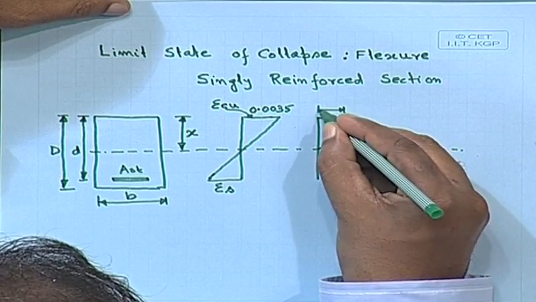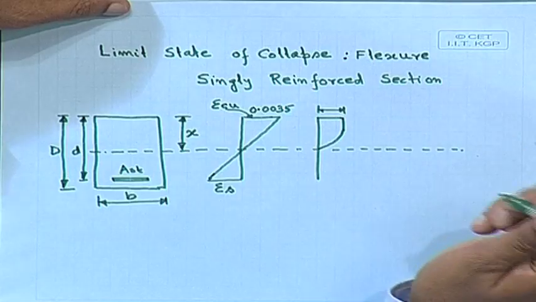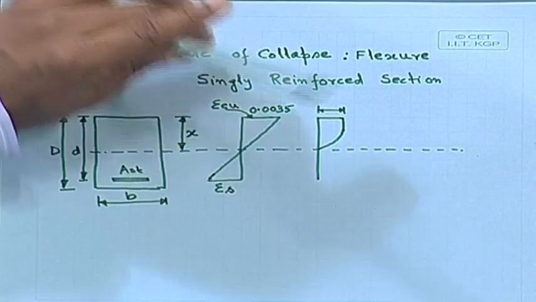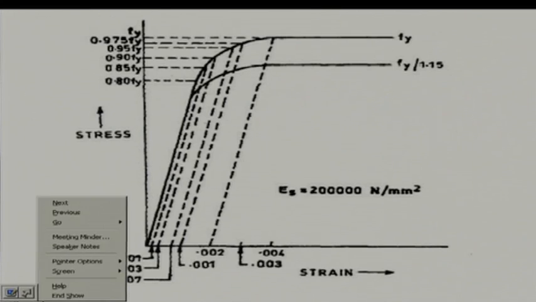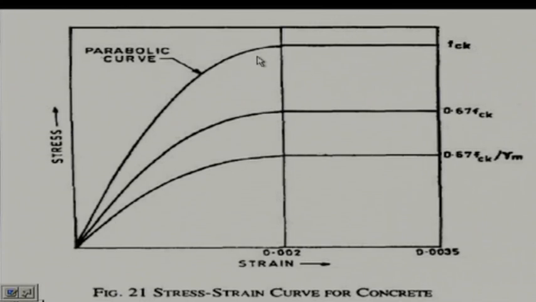According to this curve mentioned in the code, we shall consider this curve. This is our stress block also. This value comes 0.45.